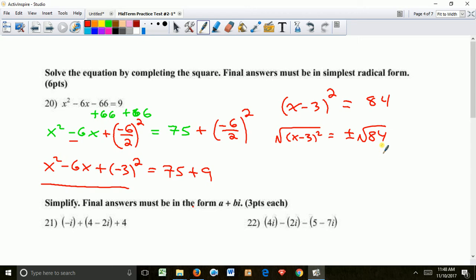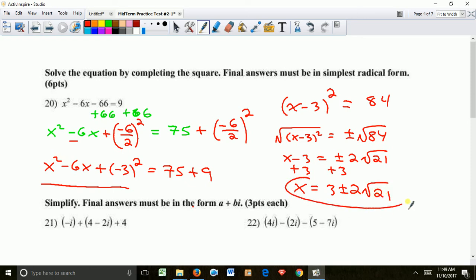You then want to take the square root of 84, in which case you get 2 root 21. Add 3 to both sides of your equation, and you get the two solutions. x is equal to 3 plus or minus 2 times the square root of 21. That does it for completing the square.